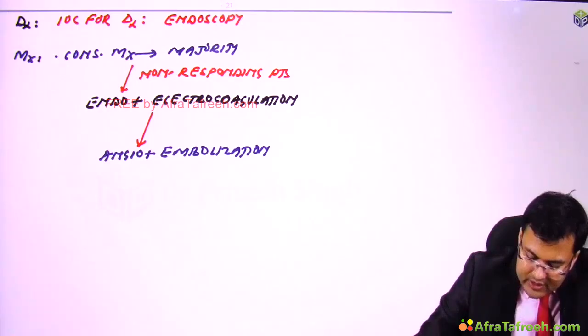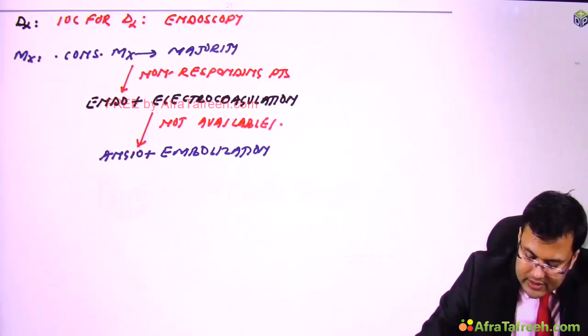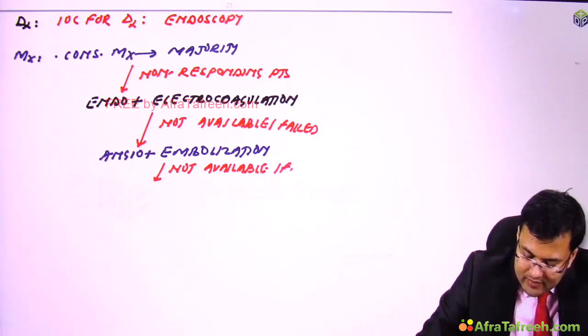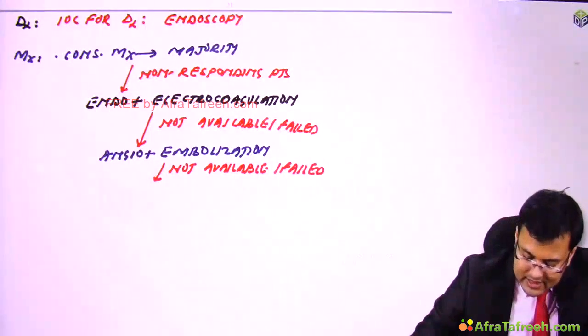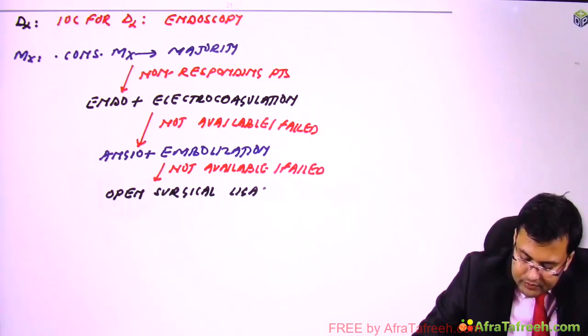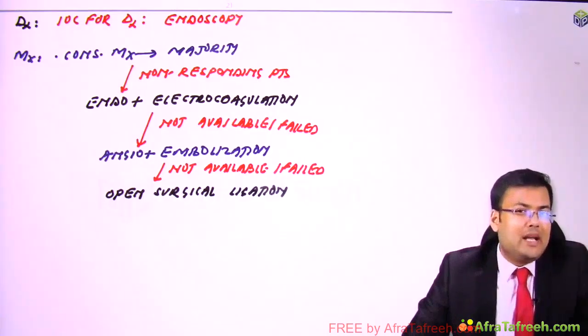And suppose this is also not available or failed, in that case we go for open surgical ligation. So this is how we manage Mallory-Weiss syndrome.